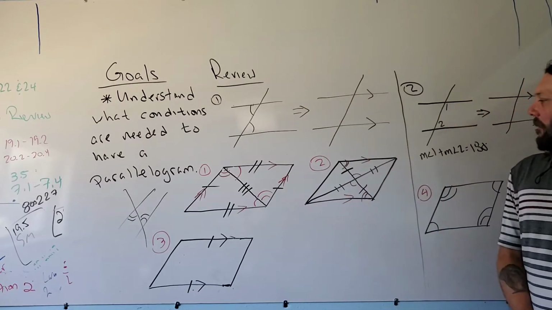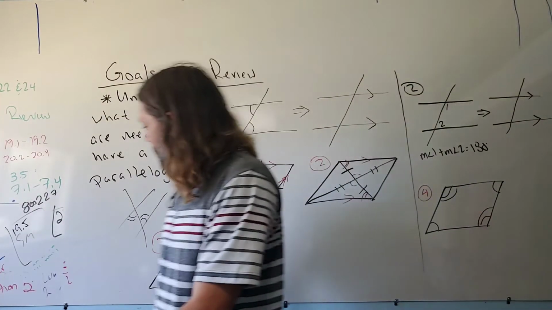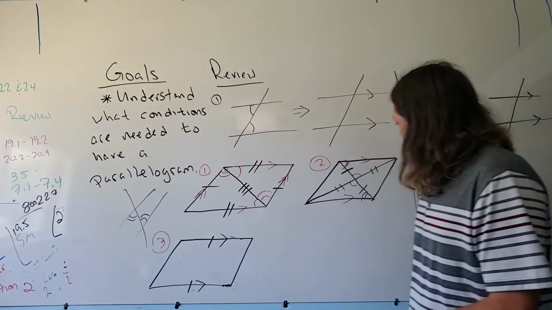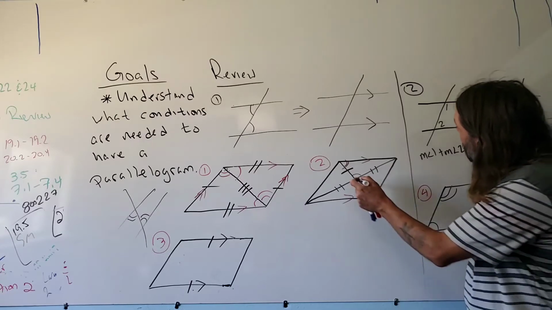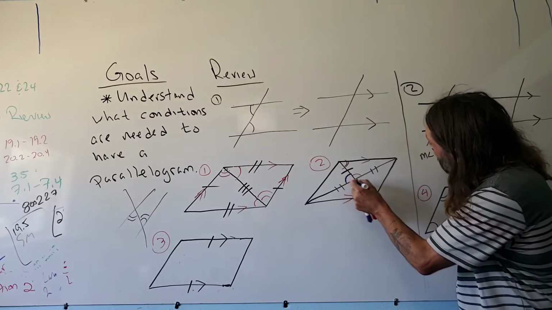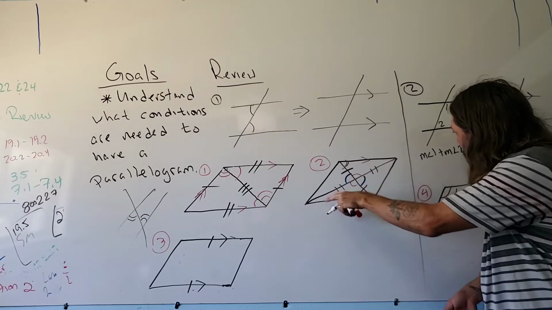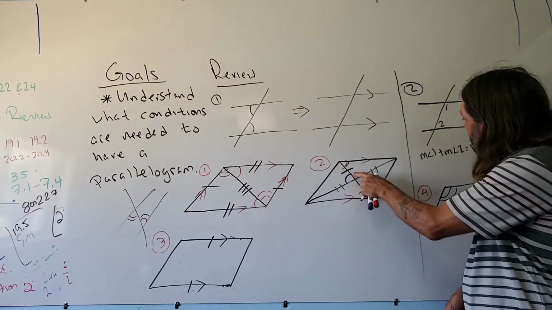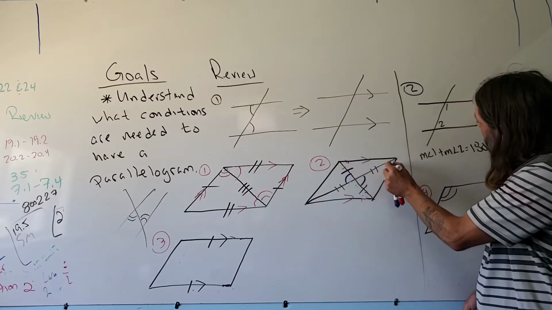All right, so I've argued that I have one set of parallel sides. Let me argue that I have another set of parallel sides with a different color. What I'm going to do is look at this triangle and this triangle. So that angle is the same as that. Again, this triangle is the same as that one because of side angle side, which would then imply that angles in the same position must be congruent.